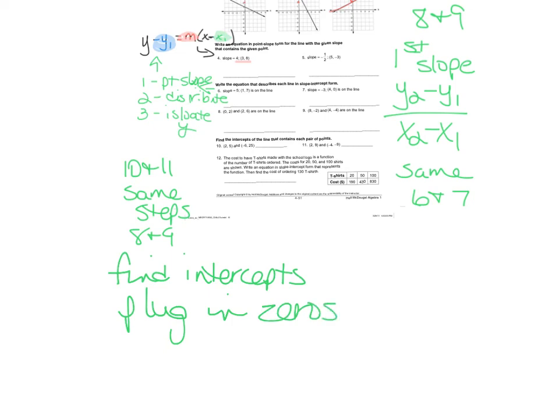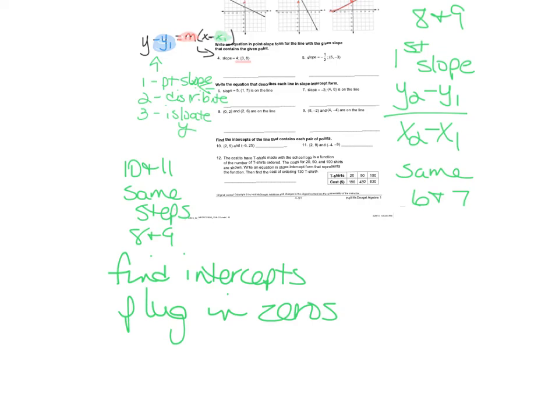Now, once you have y equals mx plus b, the y-intercept is staring at you. It's only the x-intercept that you've got to work for. And we're going to do number 12 together. So I've told you step by step what to do for 1 through 11.